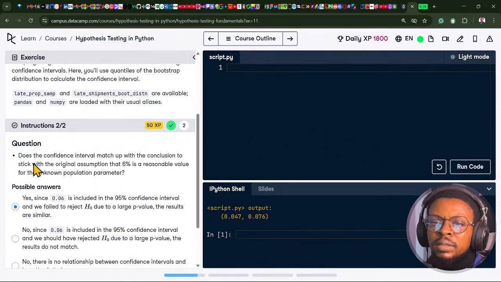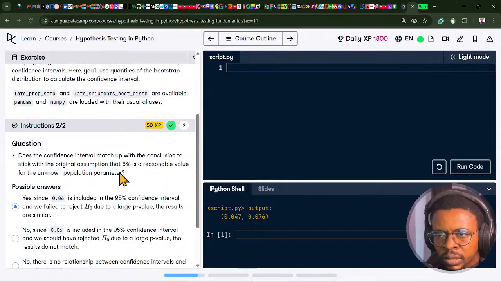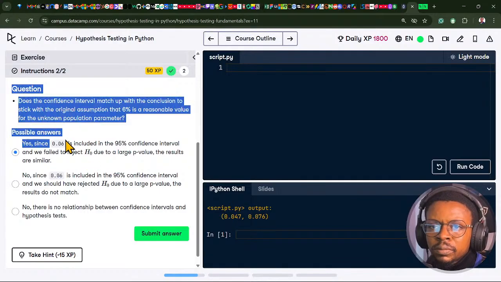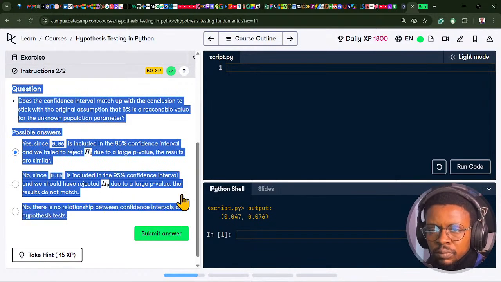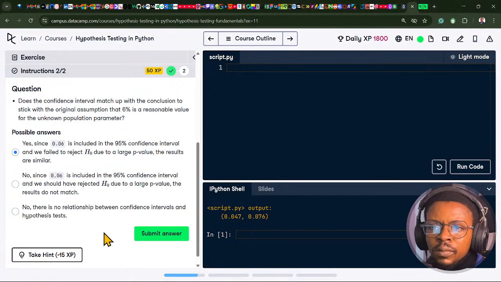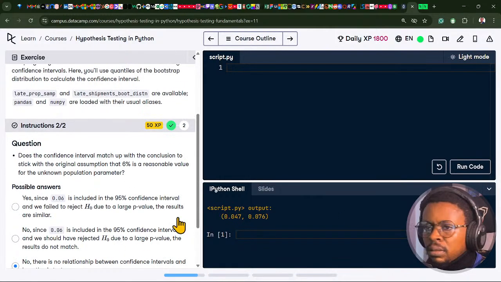Does the confidence interval match up with the conclusion to stick with the original assumption that 0.6 is a reasonable value for the unknown population parameter? You might say there's no relationship between confidence intervals and hypothesis tests, but that may not be true.